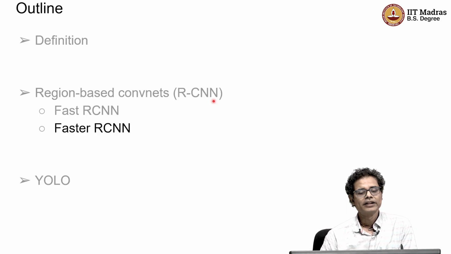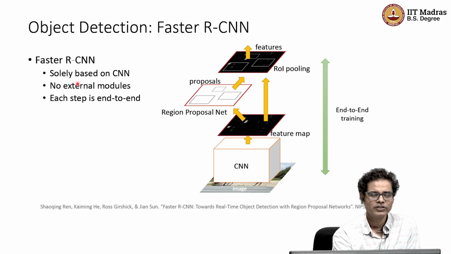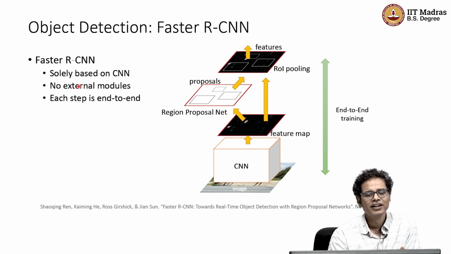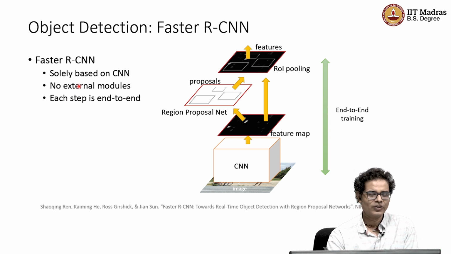In Faster R-CNN, everything is based on CNN only, so there are no external modules. For both R-CNN and Fast R-CNN, there was this region proposal algorithm. Now there is no such thing. Everything is here, so everything is end-to-end.